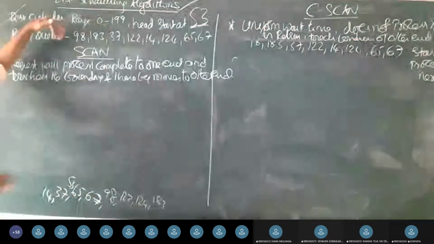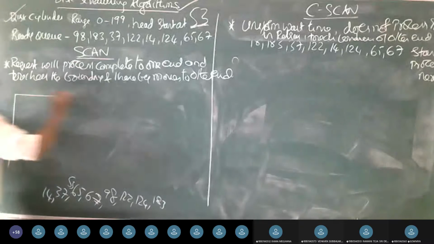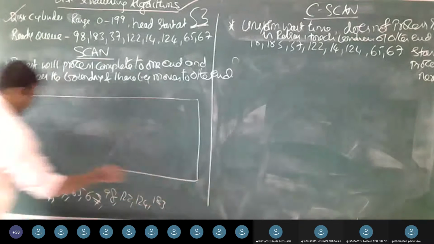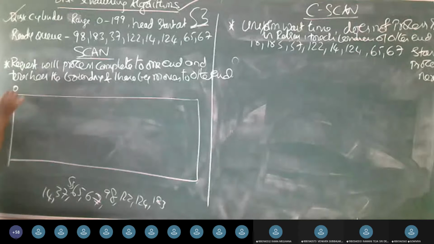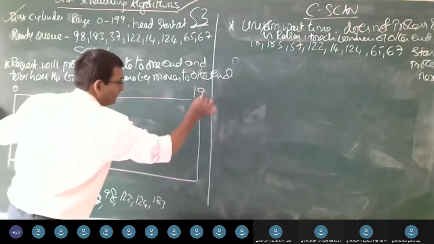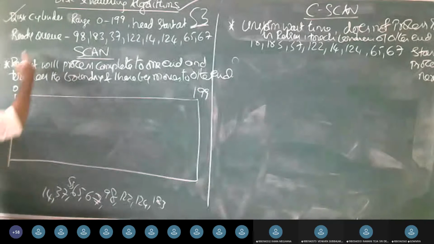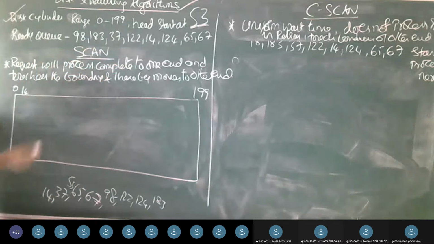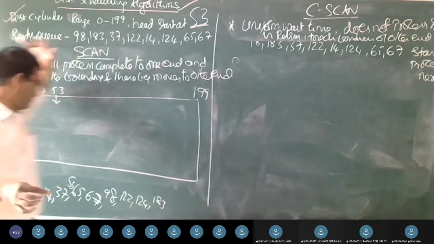Fine. Now let us look into the third algorithm called the scan algorithm. In this scan algorithm, we are going to draw the items like this: 0 followed by 199. Now we have the ascending order of the queue, that is 14, 37, 53. 53 is going to be the header position.